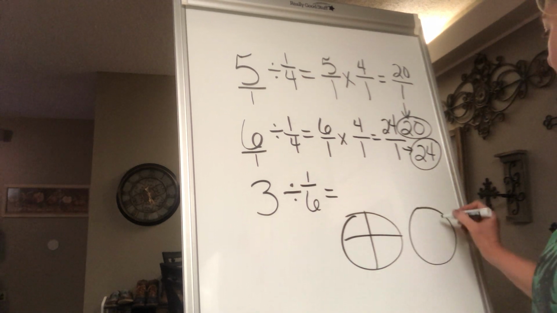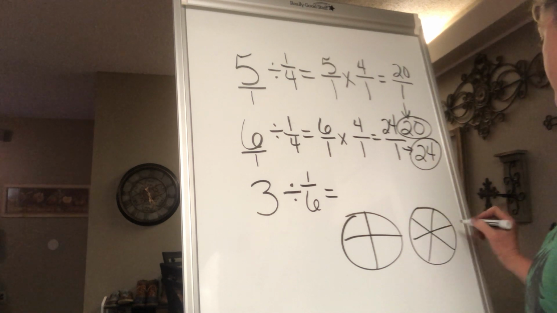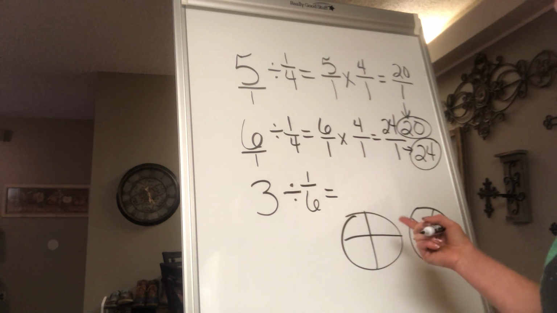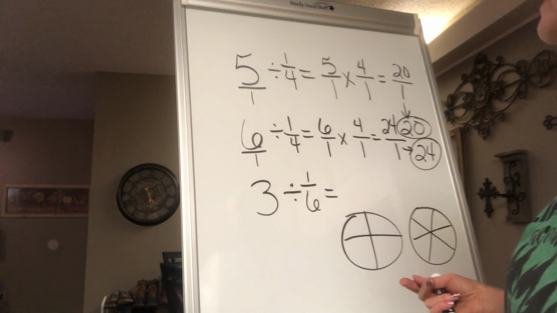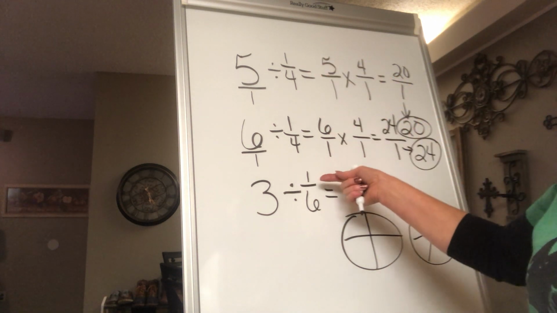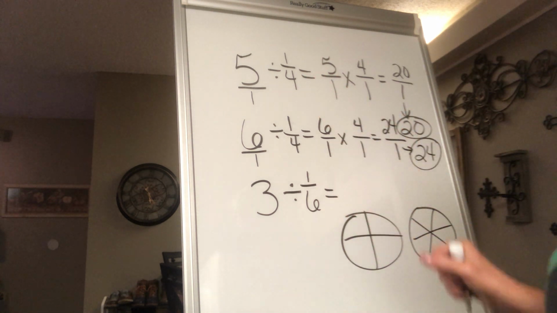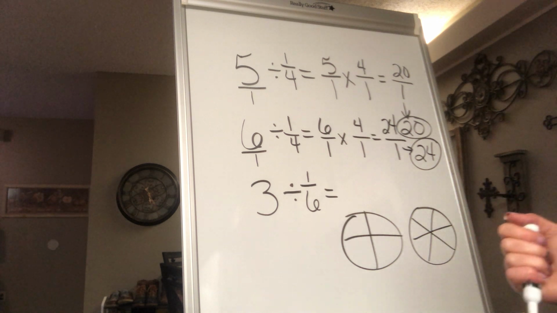But if I had my pie and it was divided into 6, it would look like that. So would you rather have a 1/4 of a pie or a 1/6 of a pie? I'd rather have a 1/4, okay? Because remember, when we work with fractions, if they have the same numerator, the bigger the bottom, the less or the smaller it is.